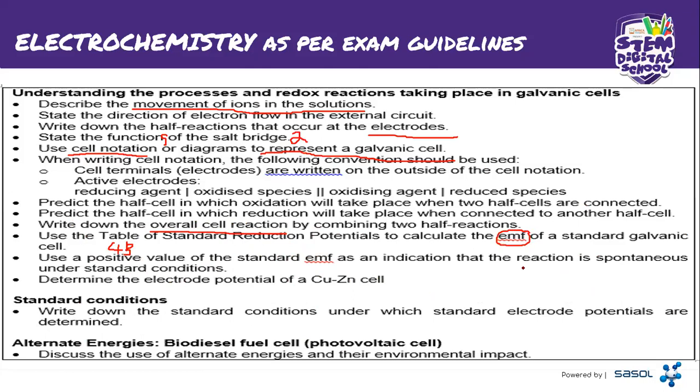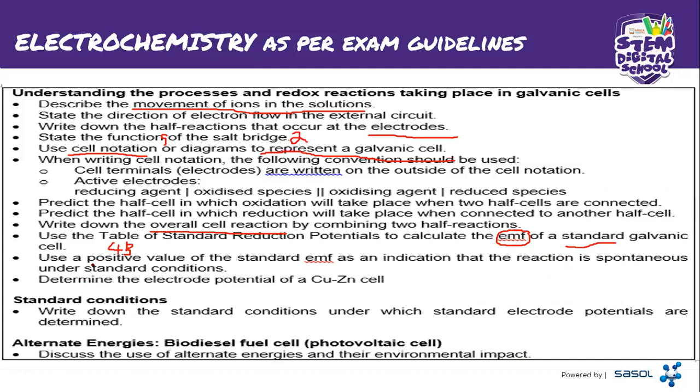And remember what I said about the EMF. Sometimes we can simply say the cell potential, or we could simply say the potential difference altogether. So that is of a standard galvanic cell. In other words, a galvanic cell that is operating under standard conditions altogether.